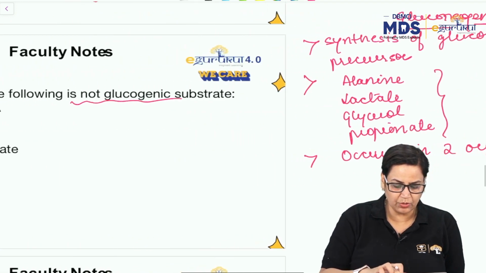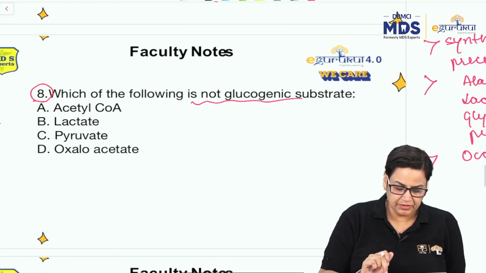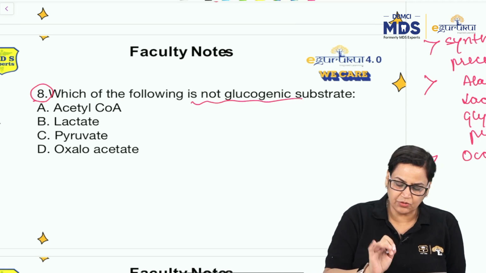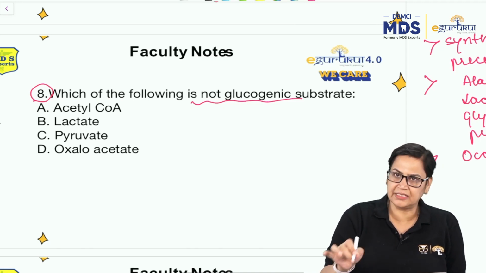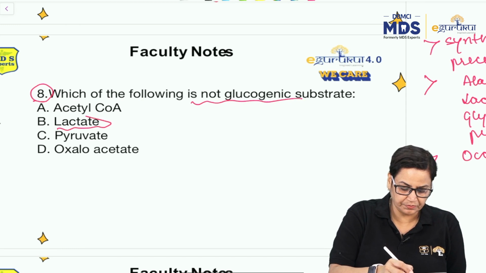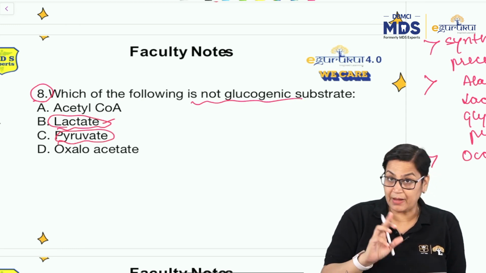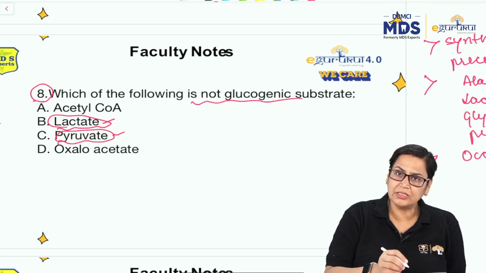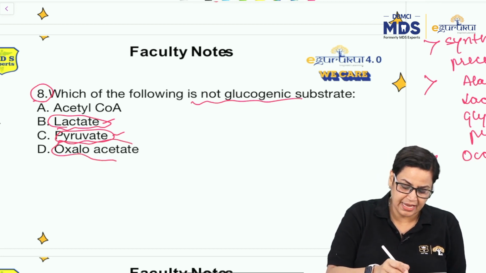Then coming over to the question, acetyl coenzyme mein, first of all, see, lactate is a substrate, just now I told you. Correct. Pyruvate, yes, it is also a substrate, pyruvate carboxylase, correct. Oxaloacetic acid, again, it can be there.